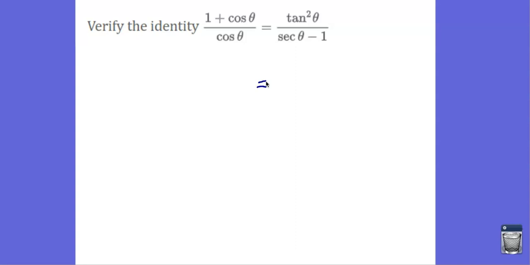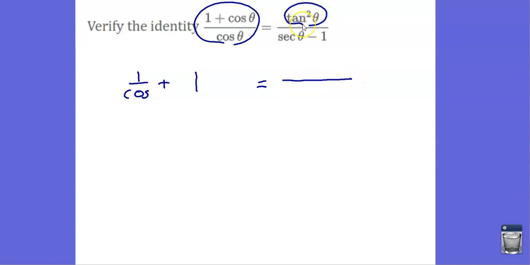So in this example, we're going to take this left side, and this is going to literally mean 1 over cosine plus cosine over cosine, which is 1. So I simplified it a little bit. And then on the right side, I'm going to do something similar. I'm going to make this into something I do know.